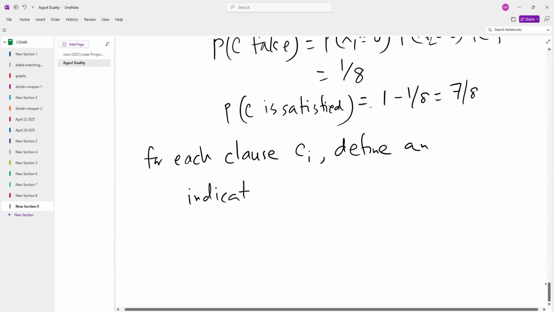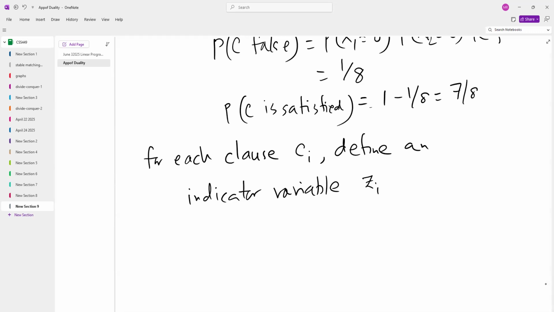If you've done a probability course, you probably know indicator variables. I'm going to call it Zi.